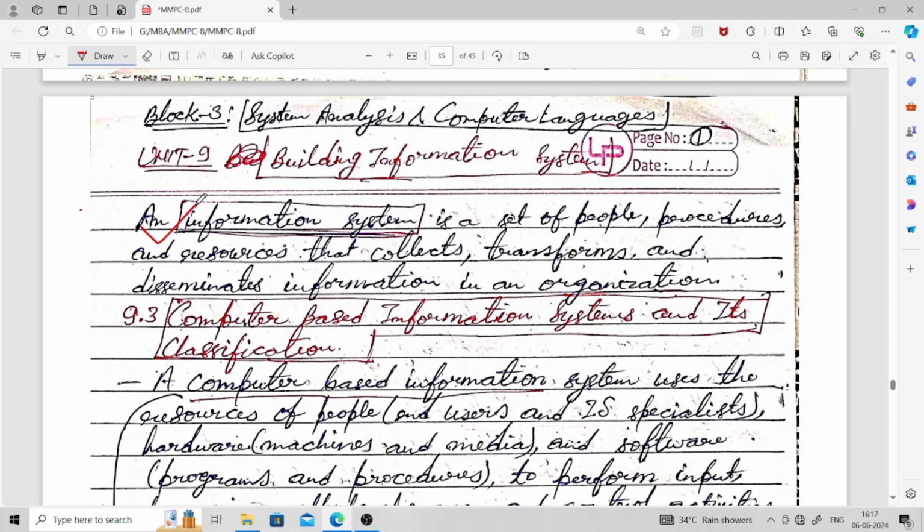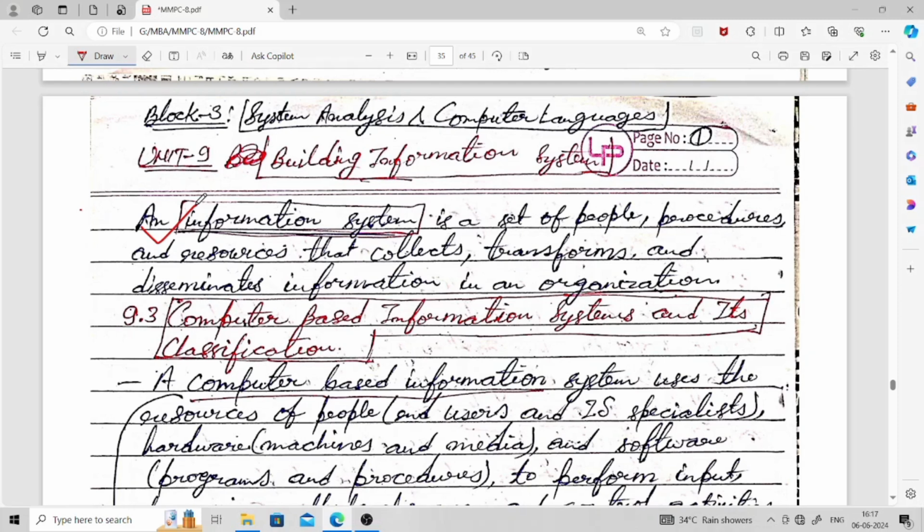It means information system is in the organization, and that is a set of people, procedure and resources that collects, transforms and disseminates information.